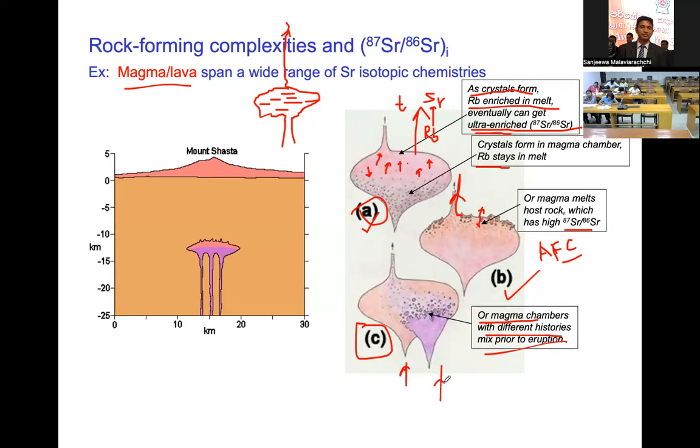While one is residing in the shallow crust as one magma chamber, another melt can come up and come into that, and that will produce another magma chamber and mix together, right? So this mixing of magma can happen, right? This mixed magma will erupt as a very different composition, right? So it can be either depleted strontium or enriched strontium. We don't know. It depends on what type of magma is coming.